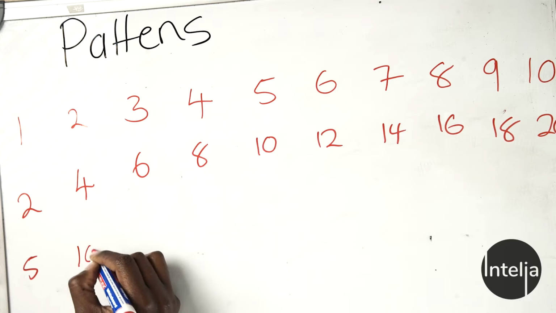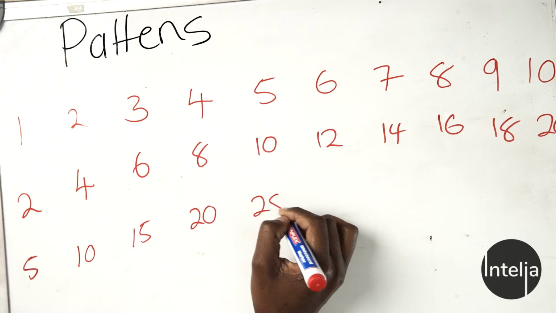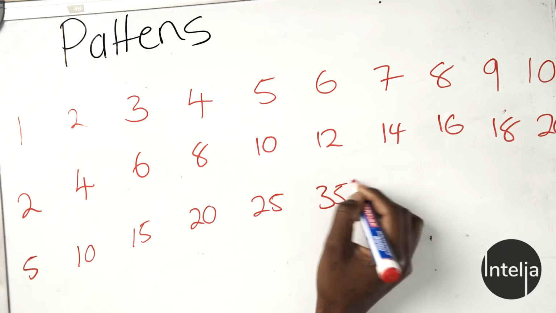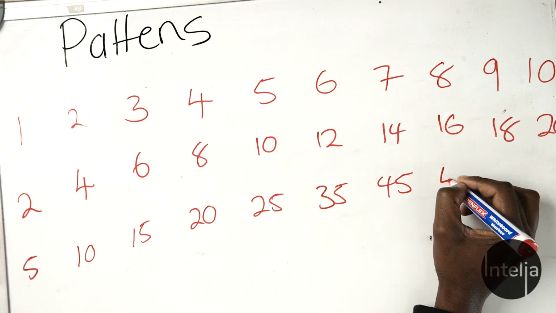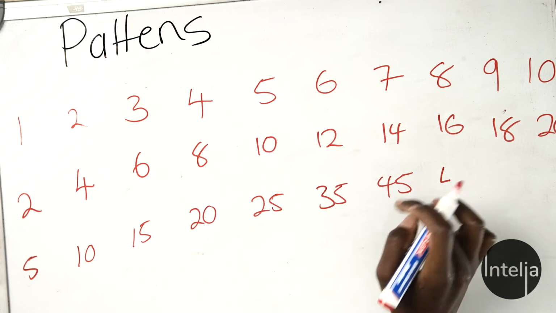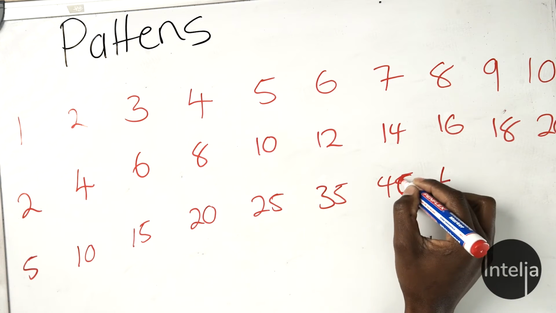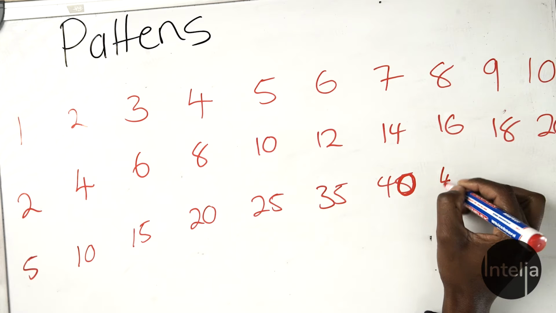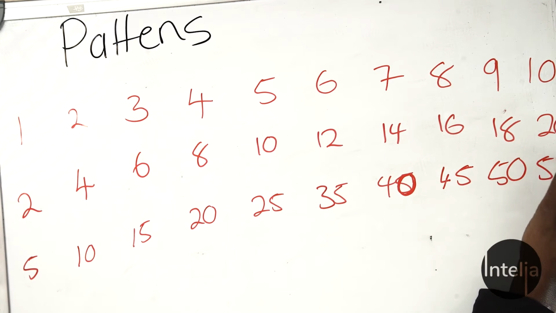Then 5, 10, 15, 20, 25, 30, 35, 40, 45, 50, 55.